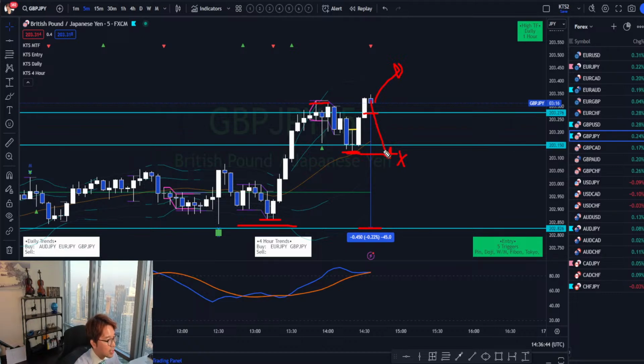I usually take 2% risk per trade, but in this case, with the monthly and the weekly trending, I can risk up to 4% of what I have. So if I take, let's say, 3%, then if I exit here, that will be maybe 1% or 1.2% drawdown.